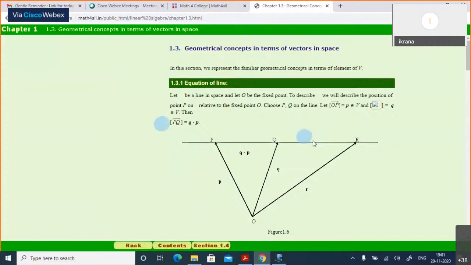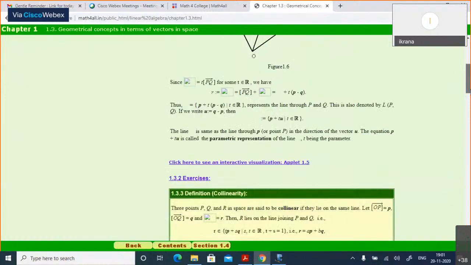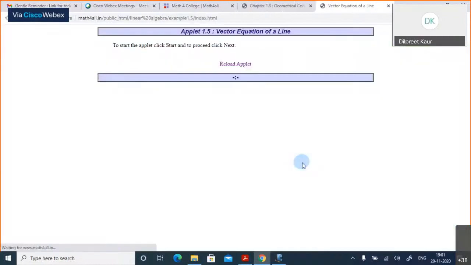You can read it. The only thing is that at that time it was Java programming, so many things like these applets are made in Java, but they may not work because Java is not accepted by many browsers.